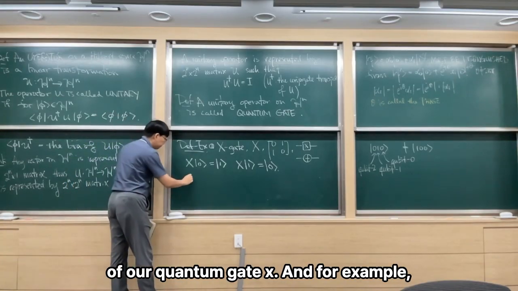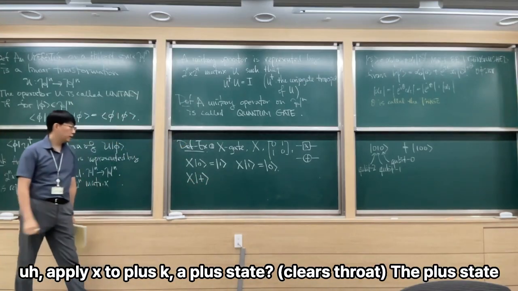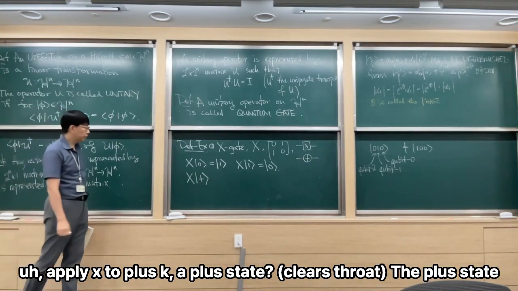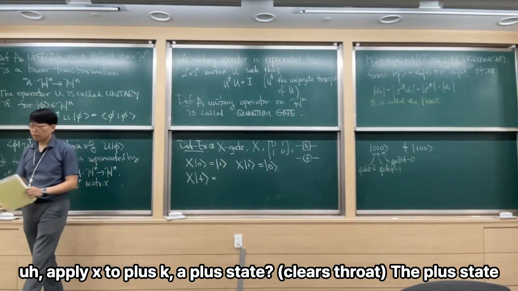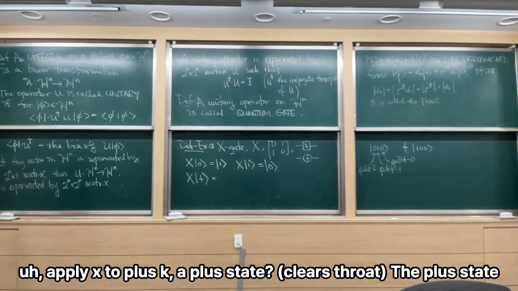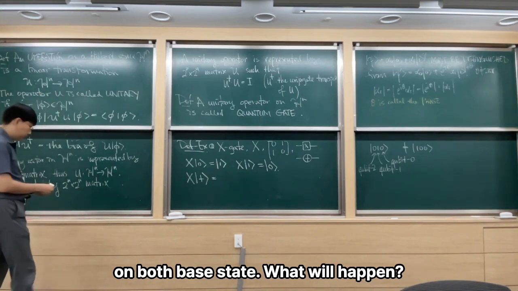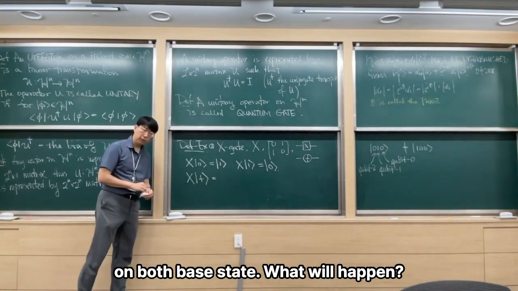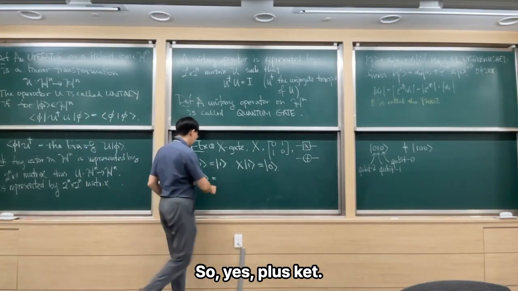And for example, what will happen when I apply X to the plus state? The plus state is the superposed state of 0 ket and 1 ket with positive signs on both basis states. What will happen? So yes, plus ket.